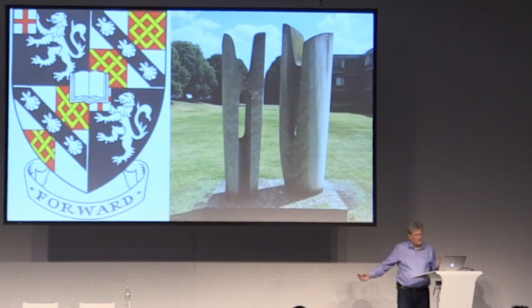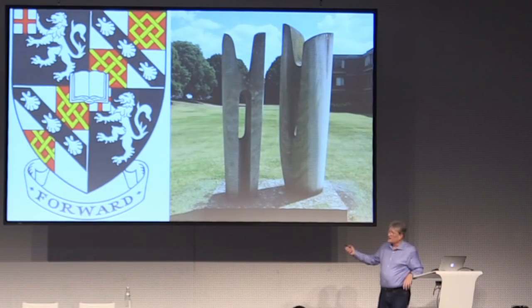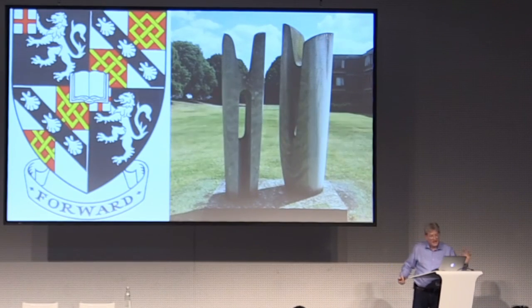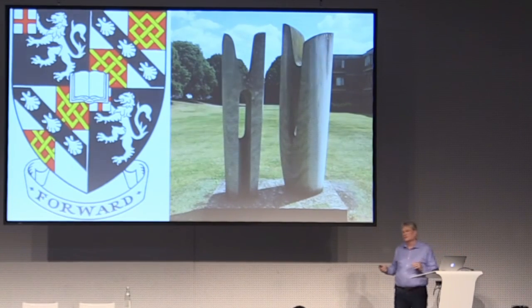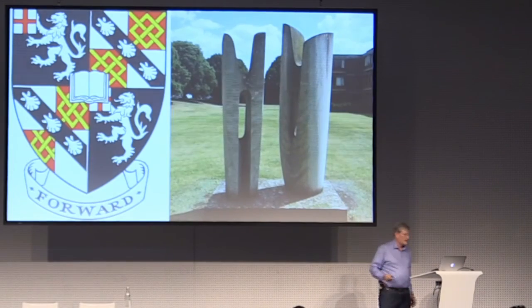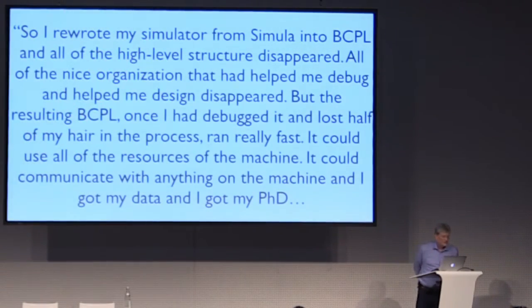And I'm going to probably break a rule of presenting here because I'm going to show you a couple of pages of just text, and I'm just going to read it to you. It couldn't possibly be worse. But I think it's really important, and so I want to stress this little story. This is Bjarne speaking, saying, so I rewrote my simulator from Simula into BCPL.